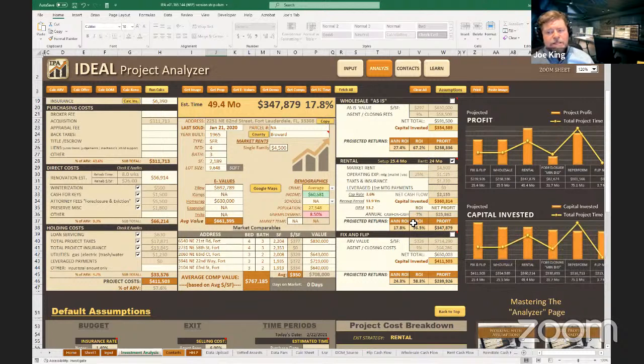And when we sell it, we're going to make 17.8% annually on that money that we've invested total, with an overall return on investment over a span of about 4 years of 100%, which puts you almost in that 20% range, a little bit below it, but that's not bad.